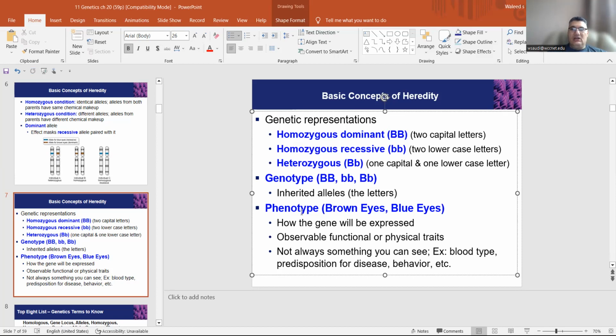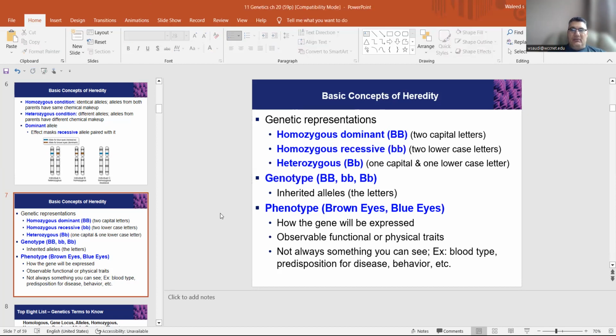Observable like we can see it with our own eyes? Not necessarily. You can observe it with your eyes or under the microscope, but there is a way to observe it. Otherwise, if you're talking specifically about the gene, the composition of the gene, this is called genotype.